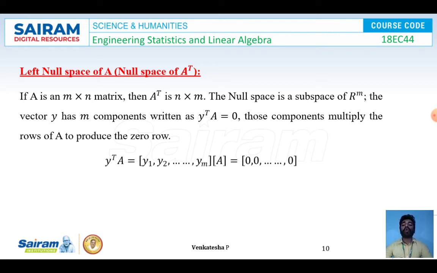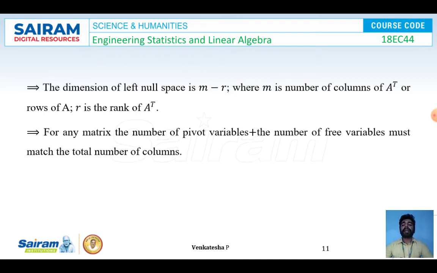It is given by y transpose A equal to y1, y2, and so on ym with the A matrix will be equal to a zero row matrix. It implies that the dimension of the left null space is M minus r, where M is the number of columns of A transpose or rows of A and r is the rank of A. For any matrix, the number of pivot variables plus the number of free variables must match the total number of columns.